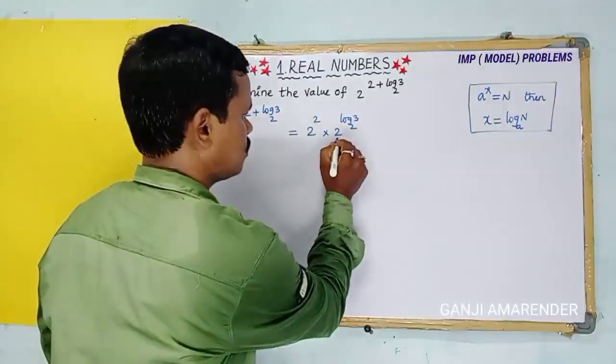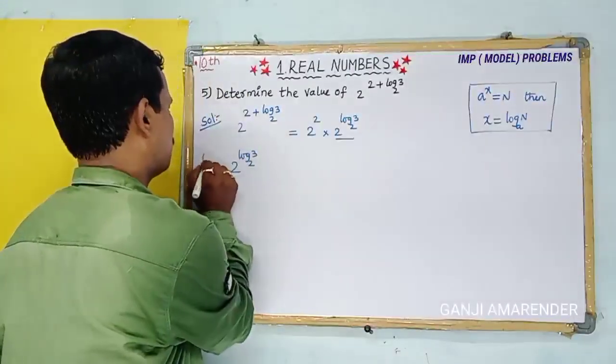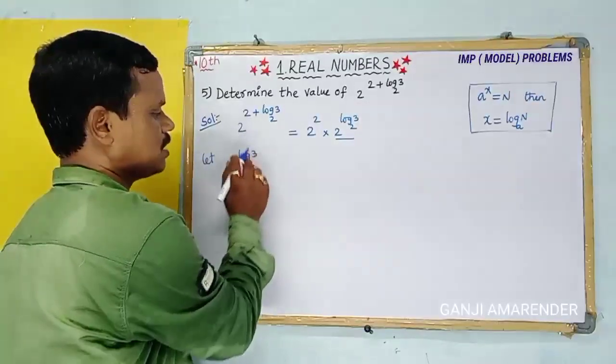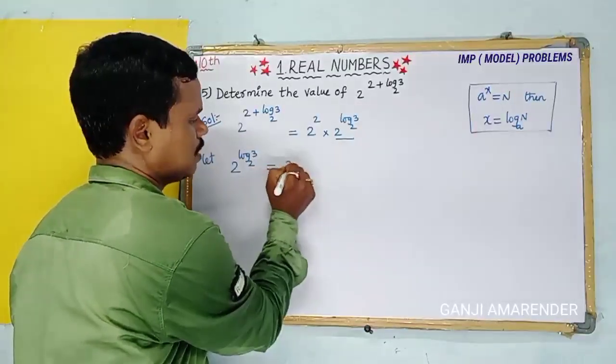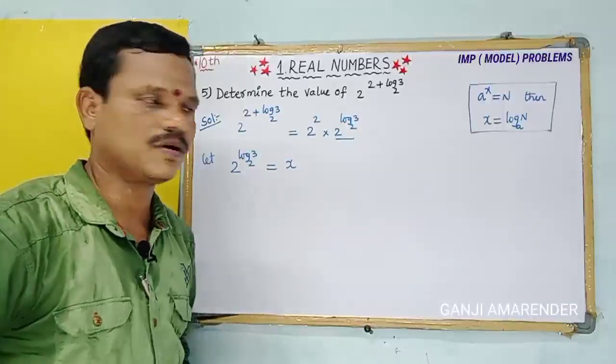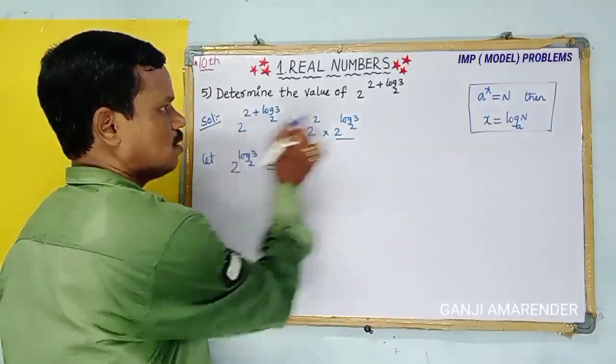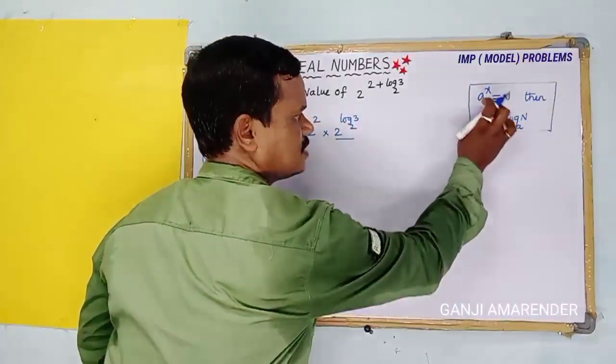Now simplify this value. Let 2 power log 3 base 2 be equal to x.